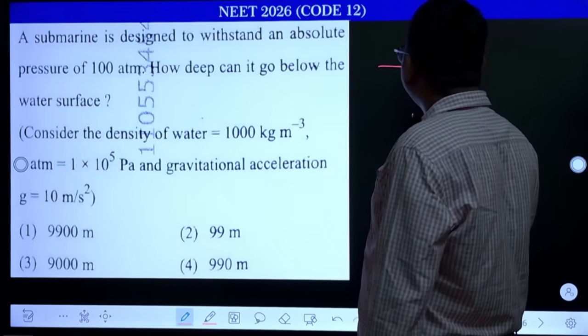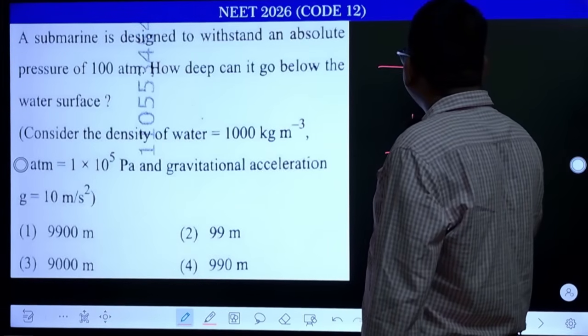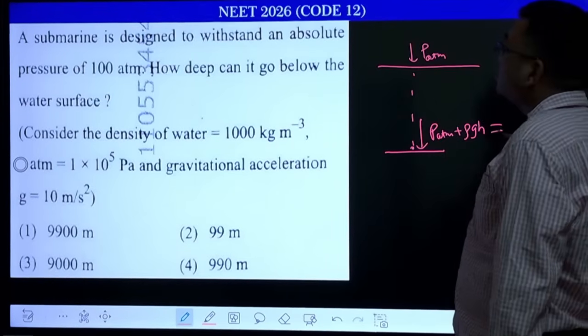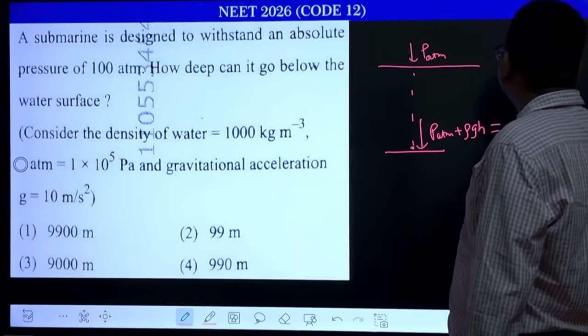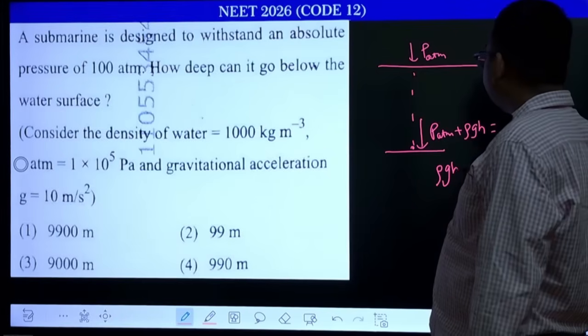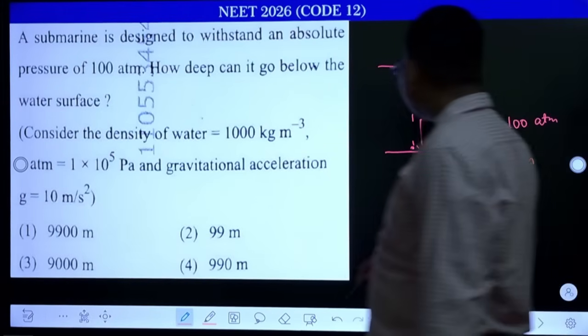Now if it goes to some depth, first of all P atmosphere is also acting plus rho g h is also acting. This is equal to 100 atmospheric pressure. So that means this rho g h must be equal to 99 atmospheric pressure, right?